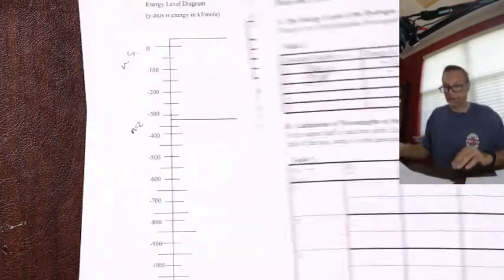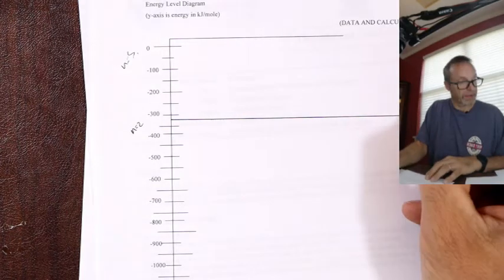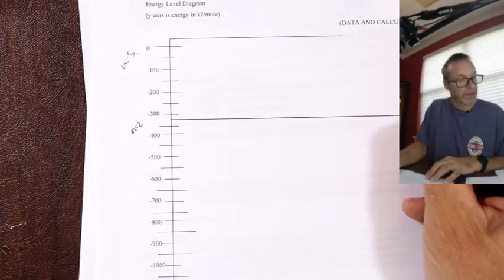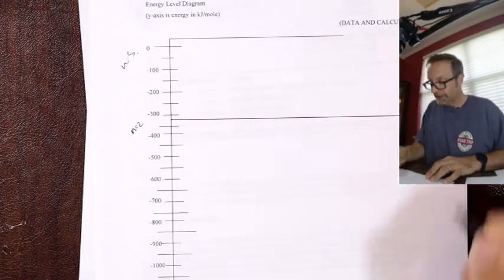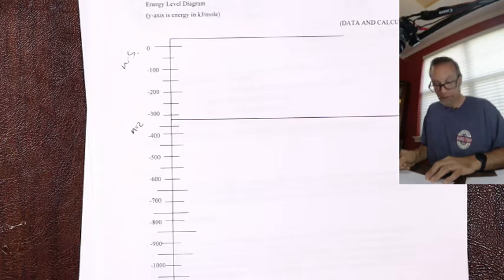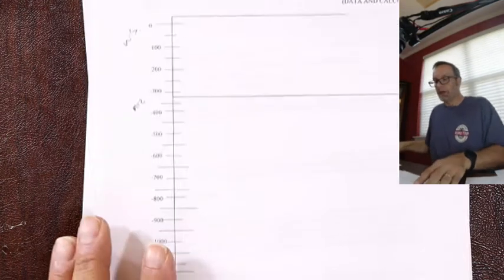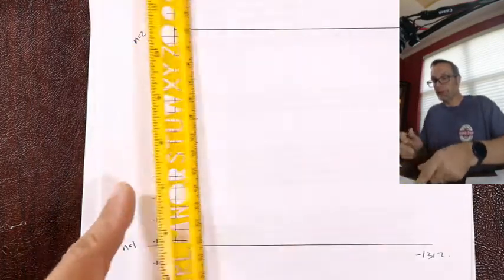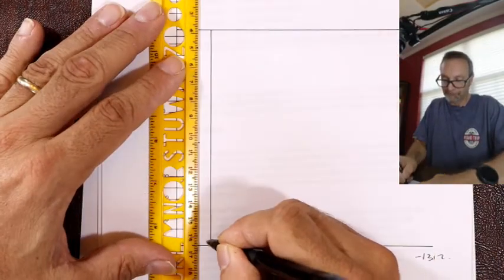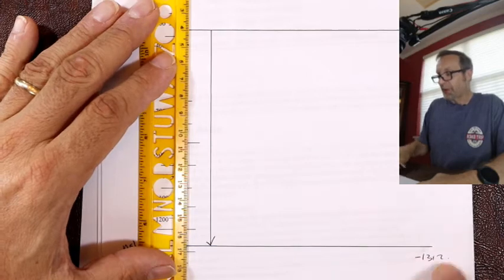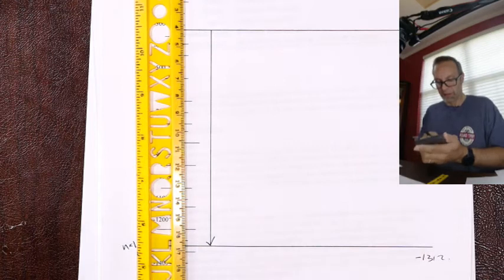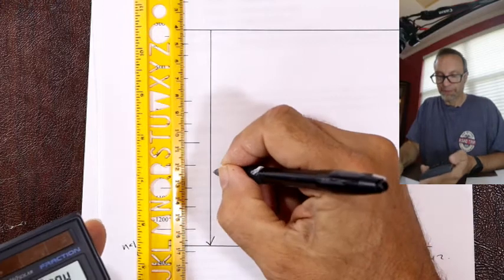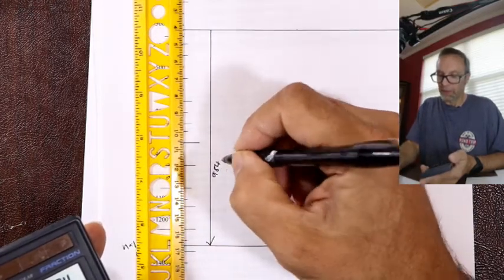So let's just do one, right? So here, this was minus 328, and that was minus 1312, right? If I want that distance, I want the difference, so just do the whole numbers. 1312 minus 328 equals 984 kilojoules.